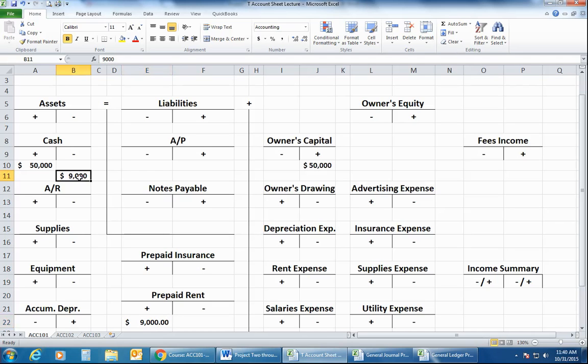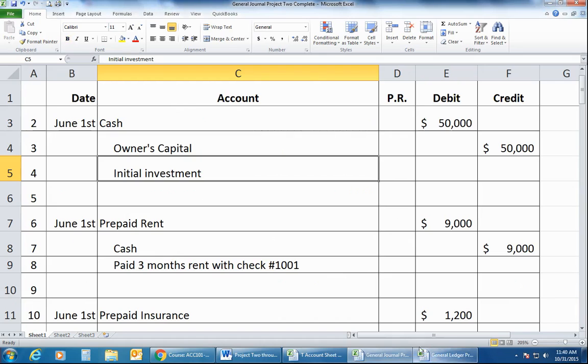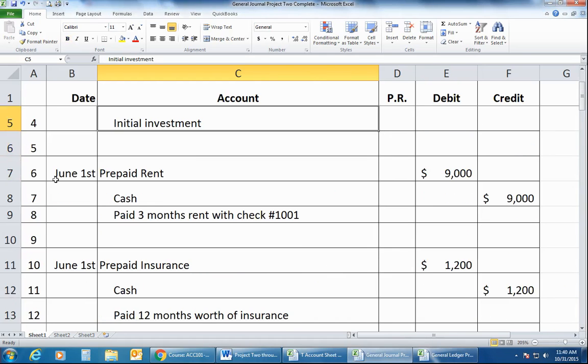At the same time, we have to decrease the balance of our cash account with a credit entry on the right side of the T account. So let's see this in the general journal. We again have a date of June 1st, and since the debit entry is to prepaid rent, that's going to be our first entry in the journal.